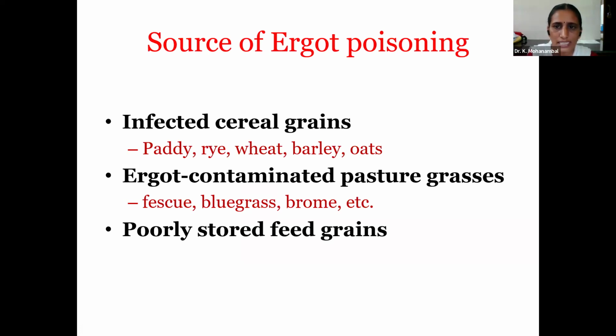Sometimes cereal grains like paddy, rye, wheat, barley, and oats are also infected with ergot. Some of the grasses in pasture land can be infected. And if grains are improperly stored, there may be chances of ergotism in those animals.